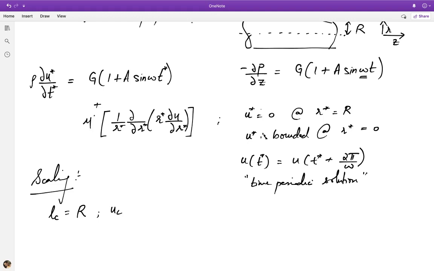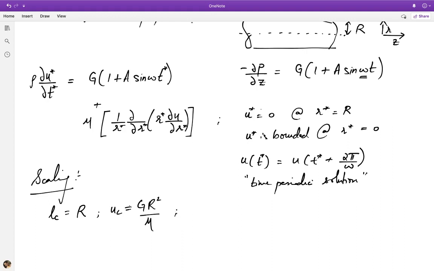So to start with, we'll get uc by balancing these two terms, which means mu uc upon R square must balance with G. So that by setting that combination to 1, I'm going to get uc equal to G R square over mu, the typical scale for pressure-driven laminar Poiseuille flow.